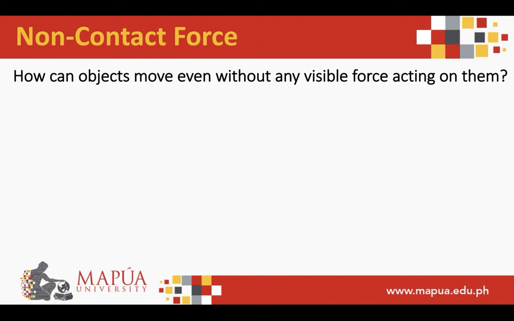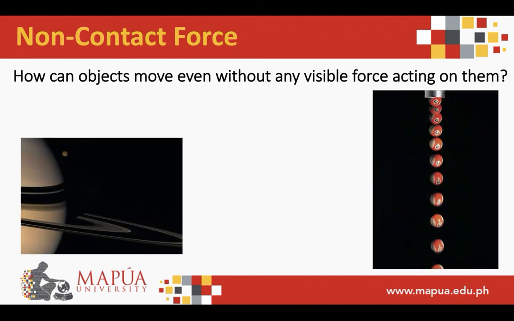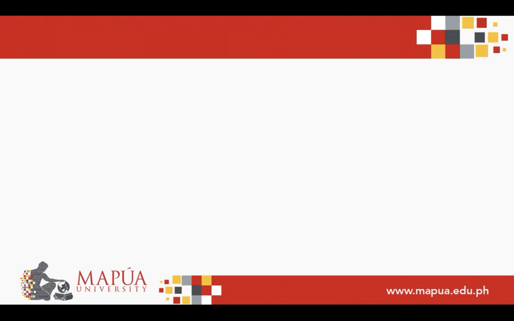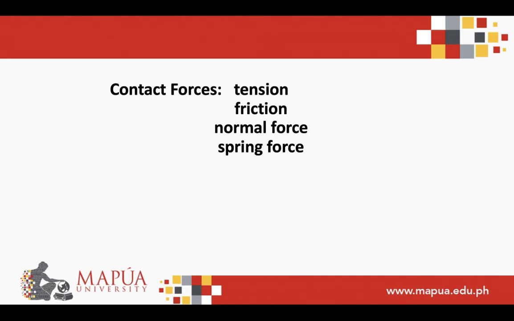How can objects move even without any visible force acting on them? These are some illustrations. Contact forces usually come from tensile forces, frictional forces, normal forces, spring forces.